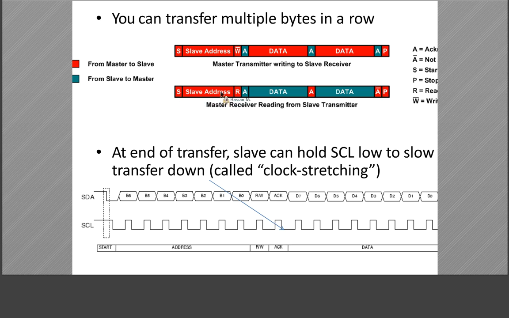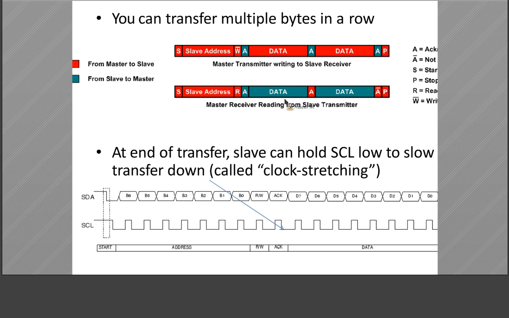Master puts the slave address over the bus, over the SDA. Then R means a bit of 1 over the bus. The slave acknowledges to master: okay, I'm ready to put data over the bus, me as a slave.